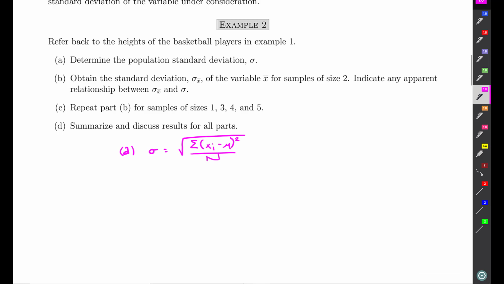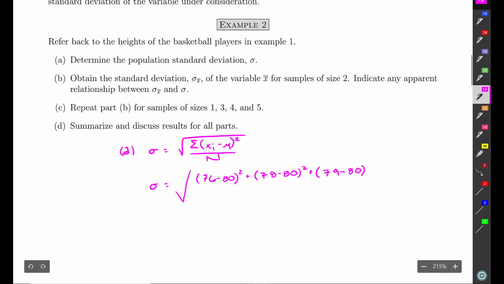So for part A, we're still working on that. If I substitute in everything that we know, we start off with player 1, who is 76 inches tall, minus the mean quantity squared, plus player 2, who is 78 inches tall. Go on to player 3, player 4. I'm going to run out of room, I'm afraid.